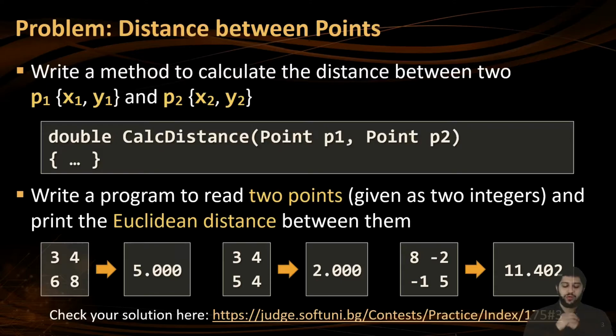How do we solve this problem? A little hint that I can give you is you can search in Google about Euclidean distance. Find a way to calculate it using the coordinates of the points and some basic mathematical transformations. Try to solve this problem on your own.